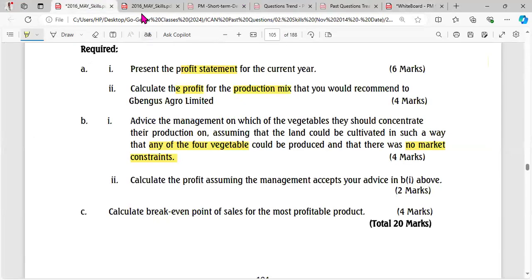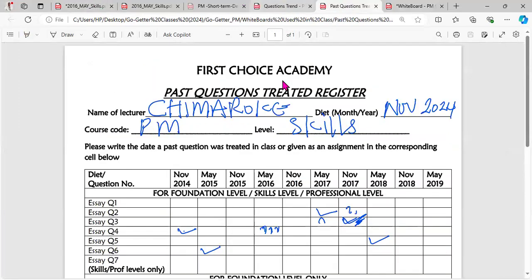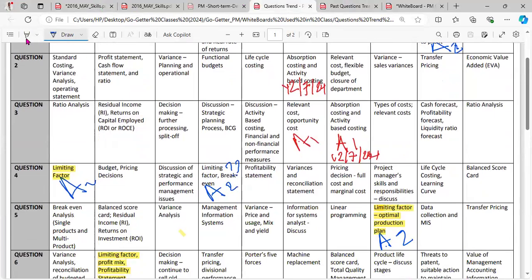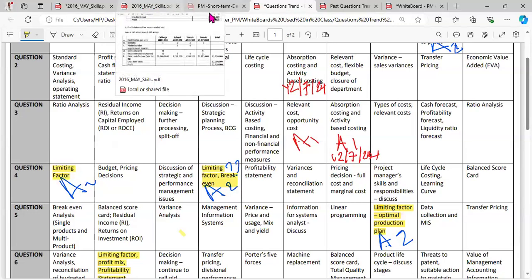So that is all we can take for this question here, limiting factor. We have solved this one now, limiting factor, break-even analysis.